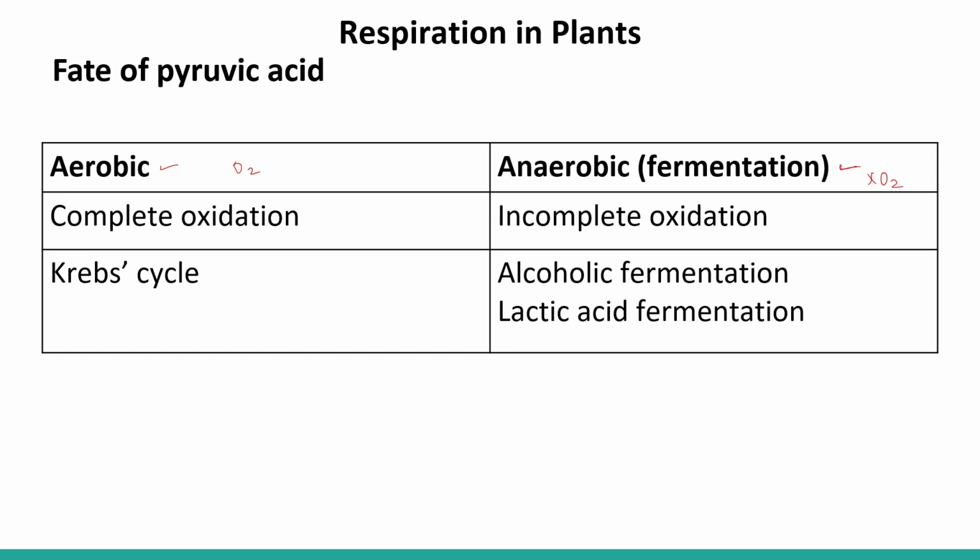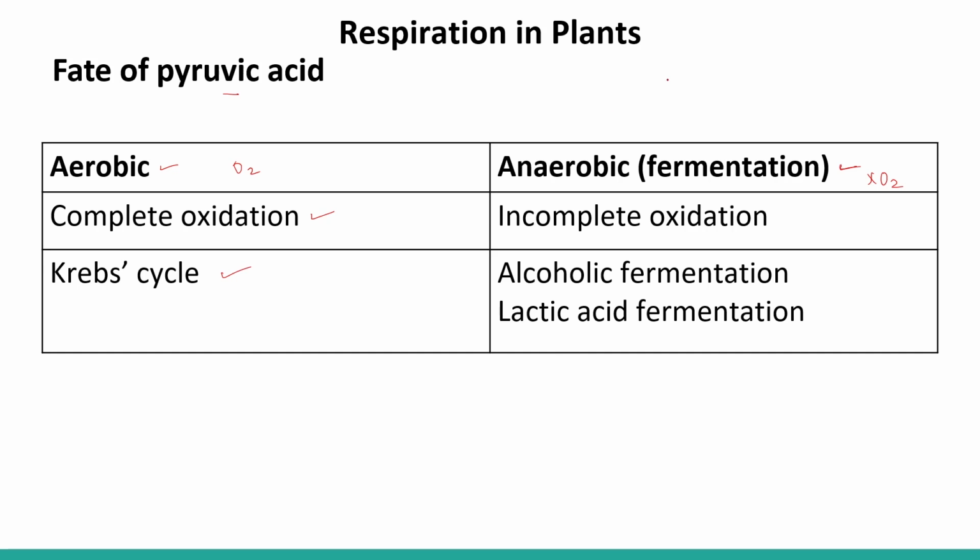Alright, so let's talk about aerobic respiration first. If the pyruvic acid enters the aerobic cycle, then complete oxidation of pyruvic acid takes place, and this happens with the help of the Krebs cycle.